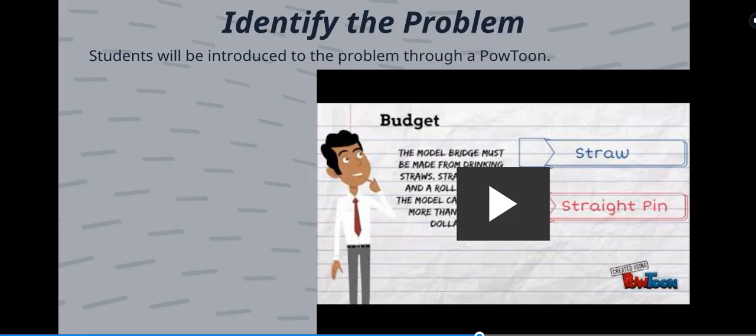So the first step in the engineering design process is identifying the problem. Students will be introduced to the problem through a Powtoon. This ties in with that anchored theory.